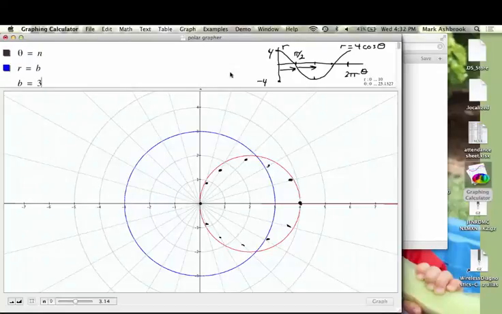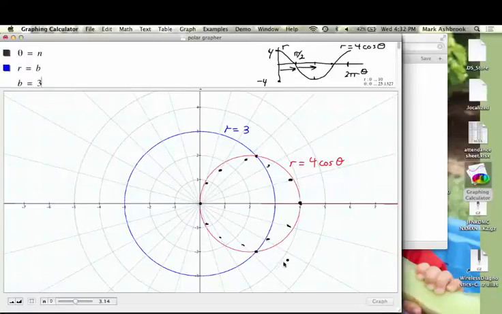What are the points of intersection of these two circles? How would you do it? The blue one is r equals 3, and the red one we figured out was r equals 4 cosine theta. We want to know where the radius is the same, right?